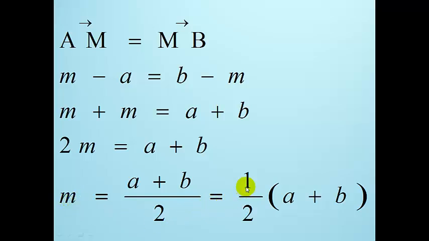M is equal to half A plus B, where A is the position vector of the point A and B is the position vector of the point B. So when you add the position vectors together and you take half of the result, that will give you the midpoint of the line joining A and B.